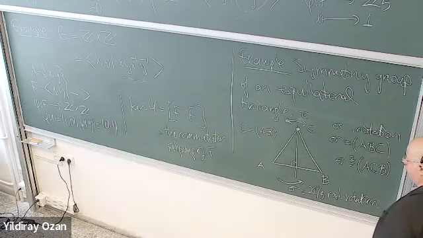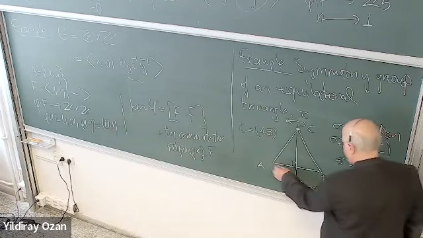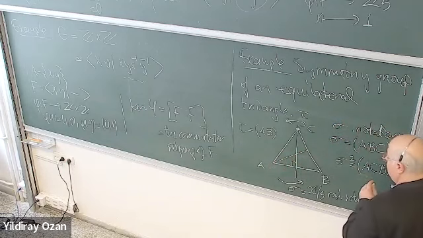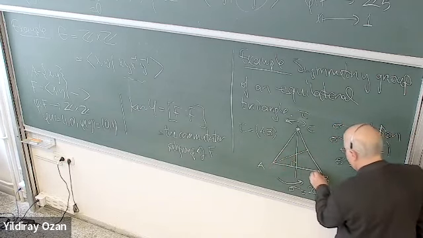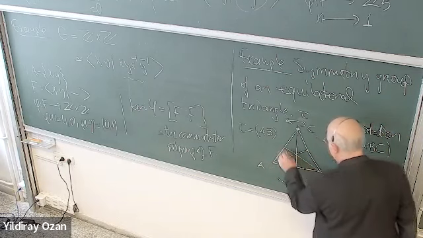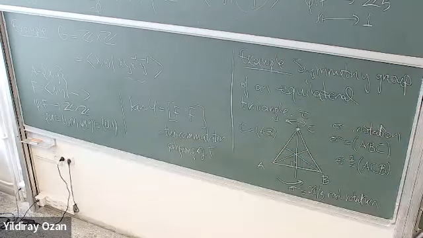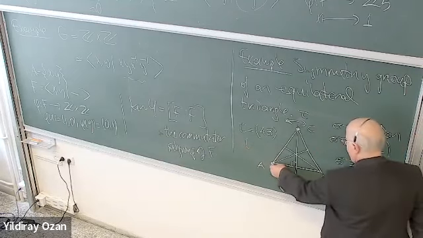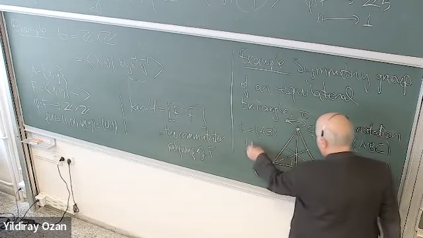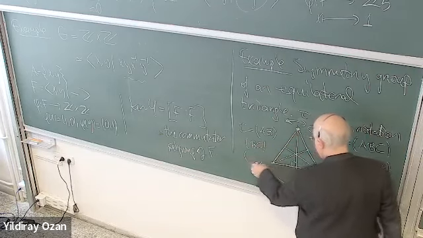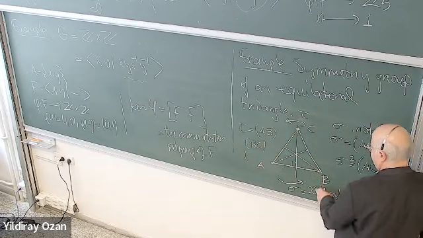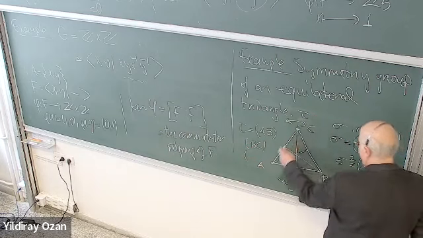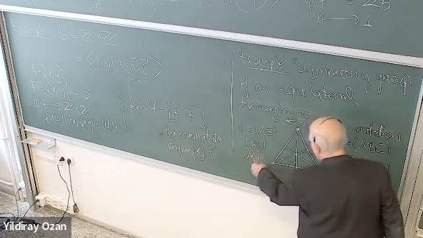And we actually have 2 more reflections. Another one is this one, and another one is the reflection with respect to this line. And those reflections, for example, this reflection will correspond to what? A is fixed, B and C are interchanged, and the third reflection is B is fixed, A and C are interchanged.